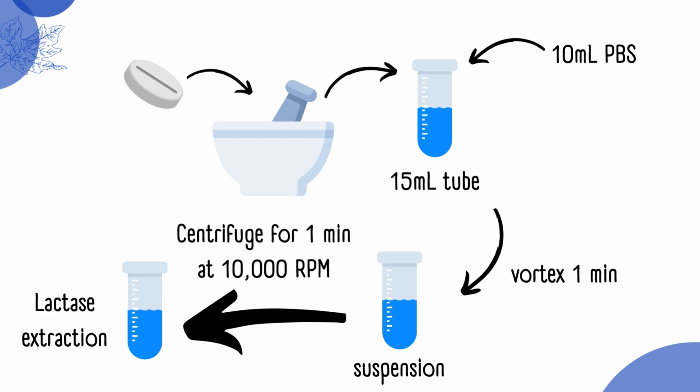The mixture was vortexed for 1 minute to maximize enzyme extraction. The suspension was then centrifuged at 10,000 rpm for 1 minute to sediment solid particles. The supernatant containing the lactase extract was transferred to a clean 1.5 ml tube.